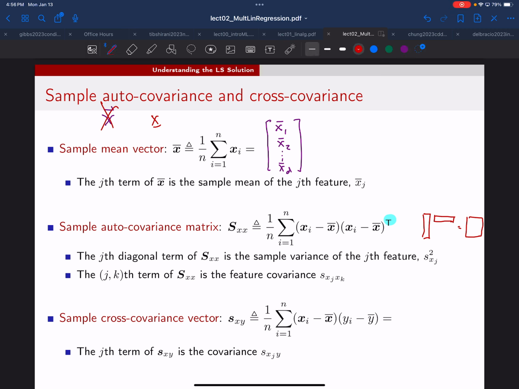Along the diagonals, the jth diagonal term is the variance of the jth feature. Off the diagonals, you have covariances between different features. The jth row and kth column is the covariance between the jth feature and the kth feature in your data set.